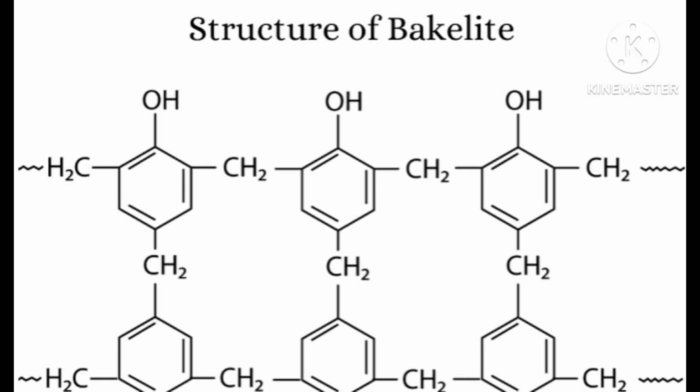Okay. The process starts with the addition of phenyl free radical formed by the peroxide to the ethene double bond, thus generating a new and a larger free radical. This step is called chain initiating step.